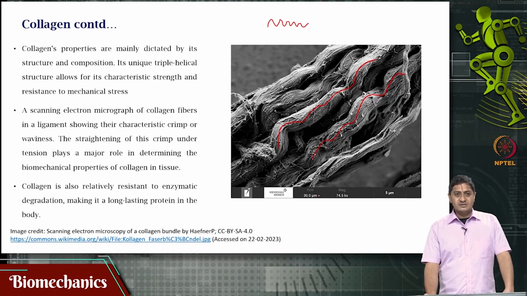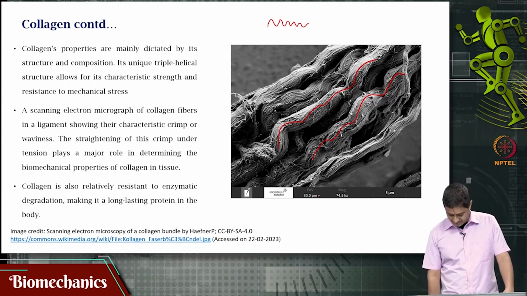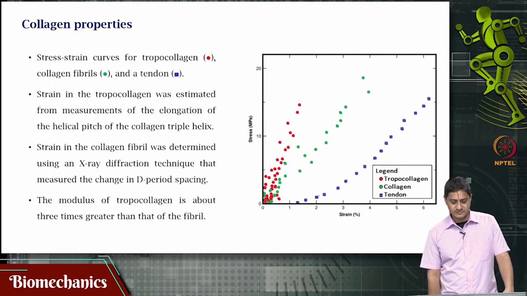And it turns out that collagen is also resistant to degradation by enzymes. So, it is one of the longest lasting proteins in the human body. So, it is not something that is degraded by enzymes so easily. It is something to keep in mind.